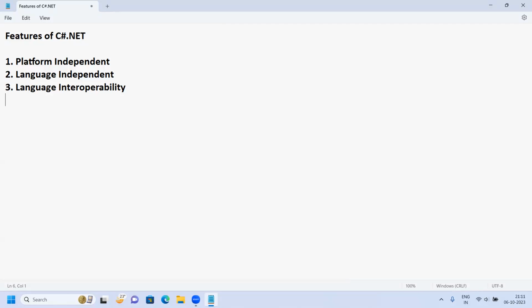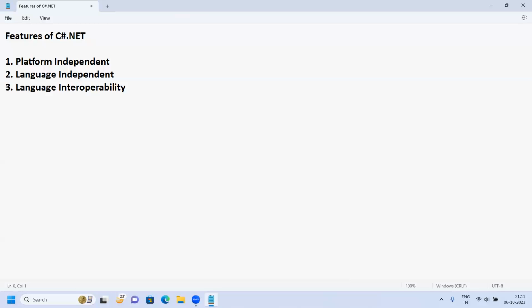I even clearly mentioned that platform independent is about making the CIL code, which is generated by the compiler, execute on multiple operating systems. Connecting with language independent, I said that you can develop a .NET application logic in any .NET framework compatible language.